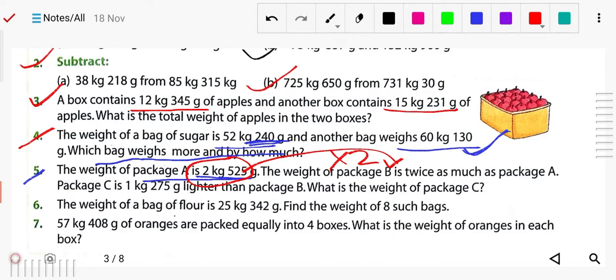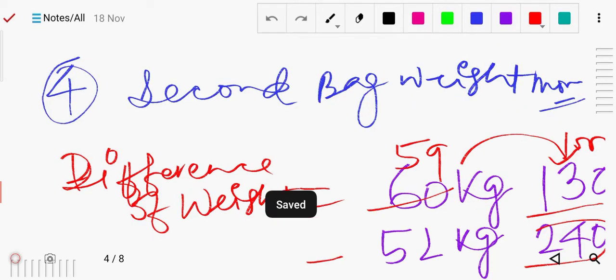Now package C is 1 kg lighter than B, means whatever the weight of B, the weight of C is lighter, means minus by that quantity. Okay, so let's solve number 5.